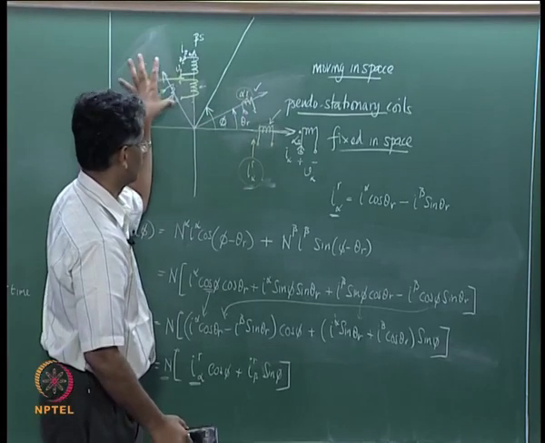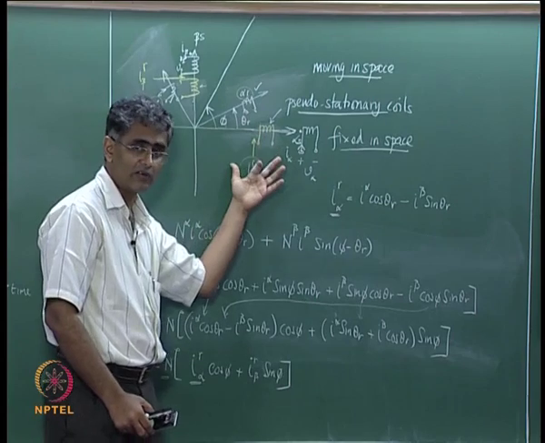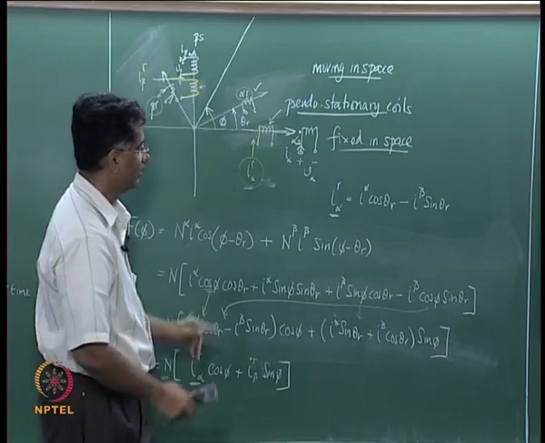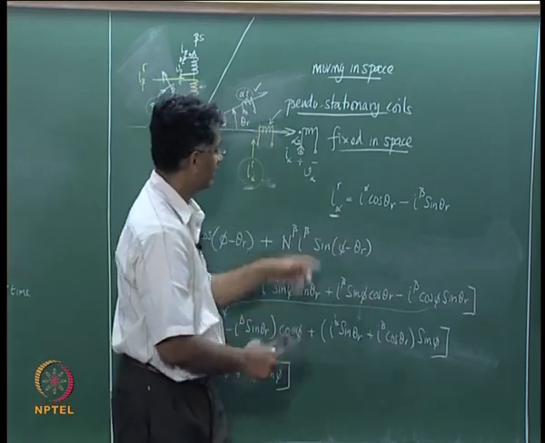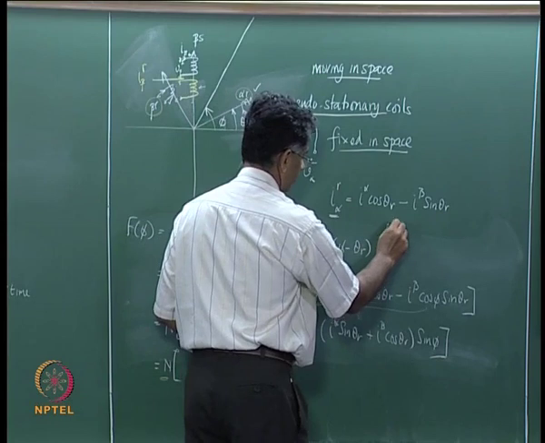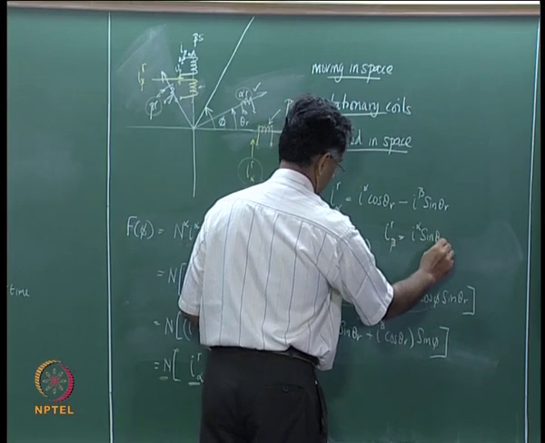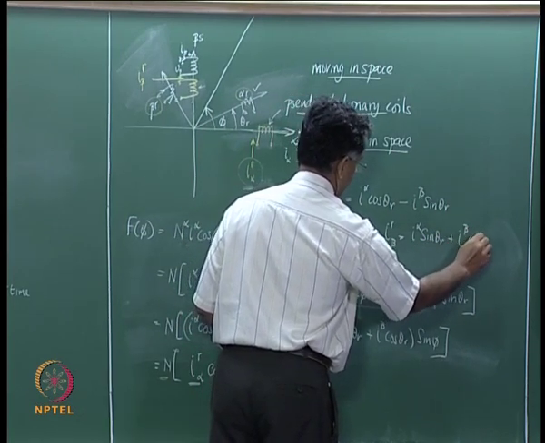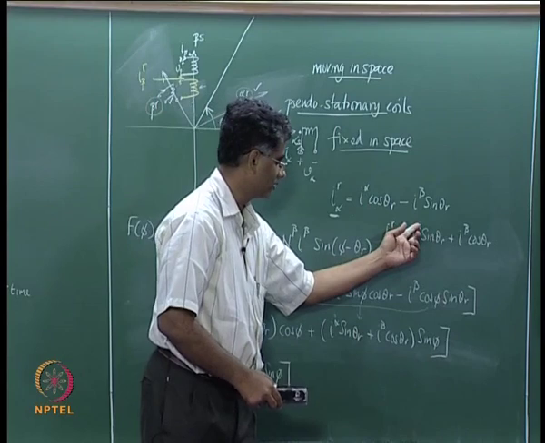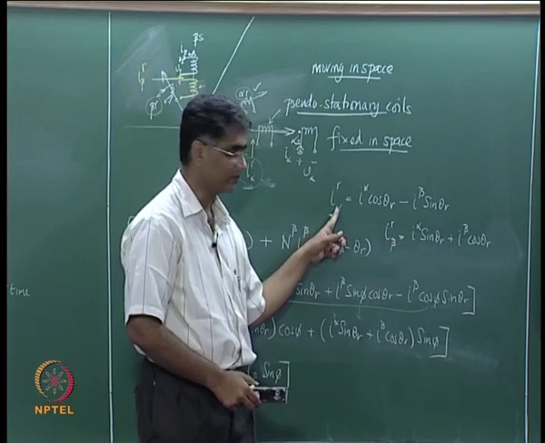The flow of current in the rotor is now mapped to a current flowing along the alpha axis of the stator and another current flowing along the beta axis of the stator. So, we will use this notation to denote that the rotor currents are mapped to the alpha axis. Similarly, you have the rotor currents mapped to the beta axis as I alpha sin theta r plus I beta cos theta r. So, the flow of currents in the rotor, both alpha and beta, are now mapped to the beta axis of the stator here. This is mapped to the alpha axis of the stator.